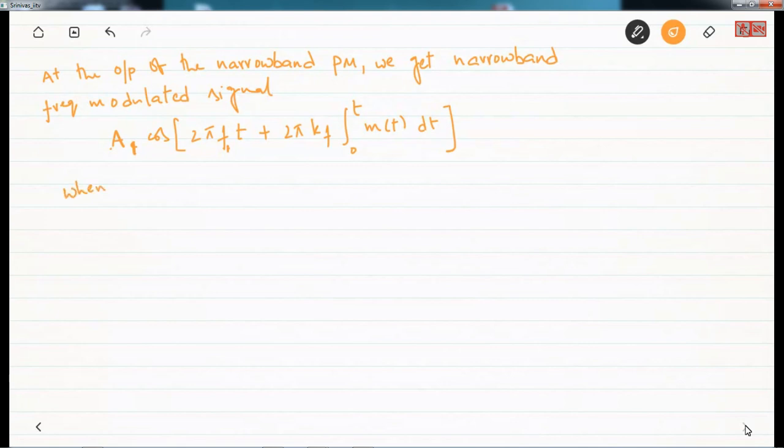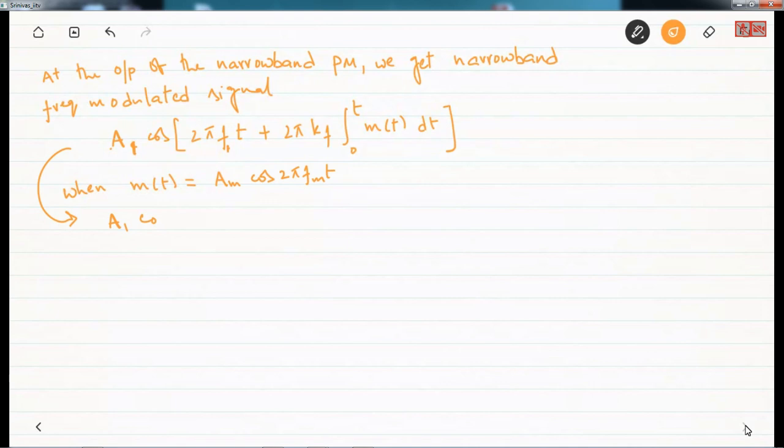Just for example, when m of t is am cos 2 pi fmt. So this signal will become what?